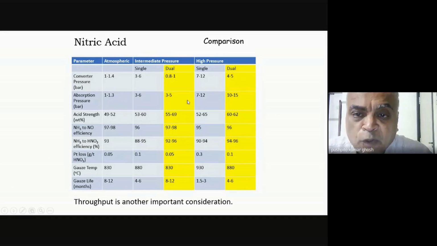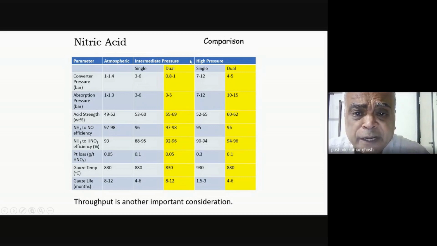Now, the process that I described to you is what is known as the dual high pressure process. There are nitric acid plants which are operating with an atmospheric pressure process. The conversion, efficiency, etc. are not so bad. But the problem is that the rate of the reaction will probably be much lower in these cases.